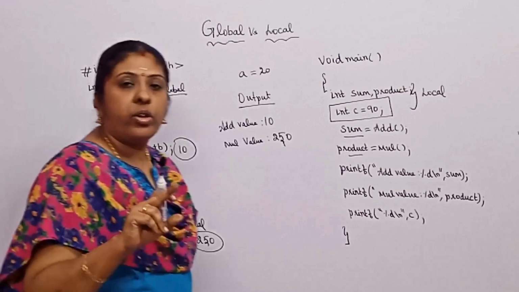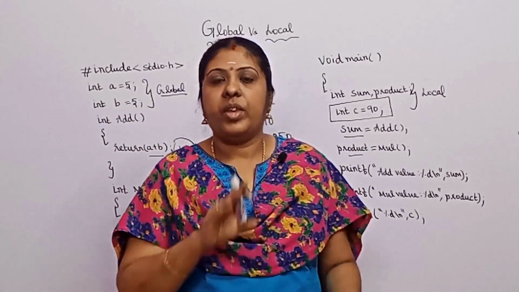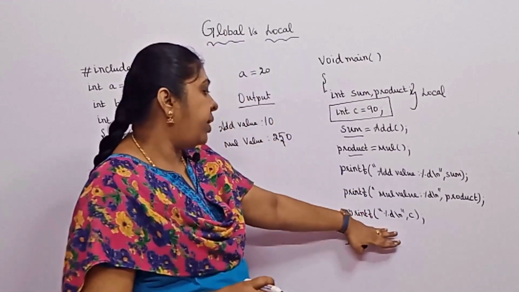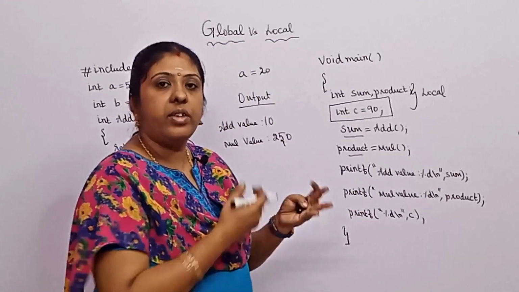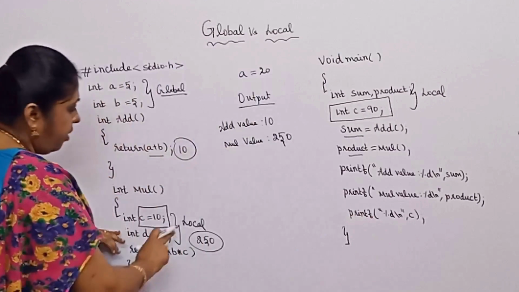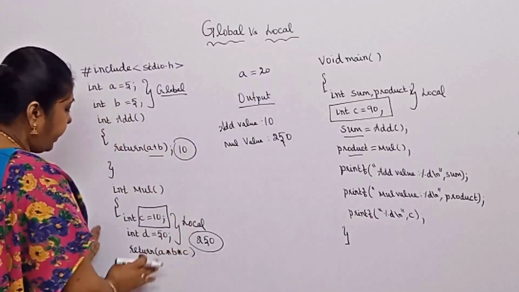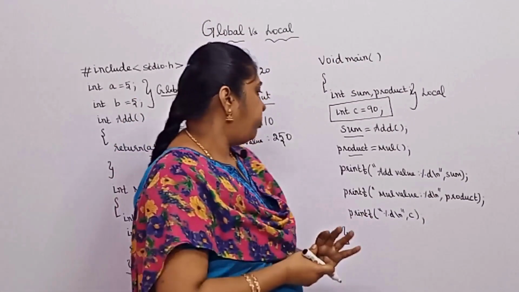So in the same program, we are using the variable named C with different values. Now which value will the printf statement consider, or which value will the compiler give priority? So here the C equal to 10 is a local variable and it can be accessed only within this multiplication function.